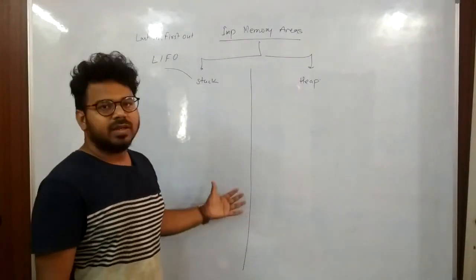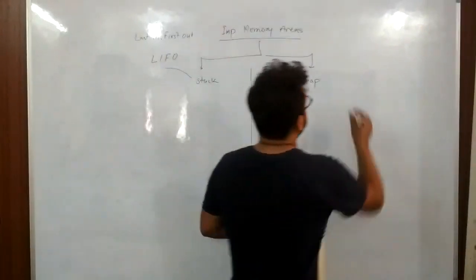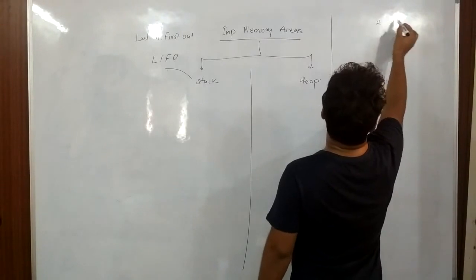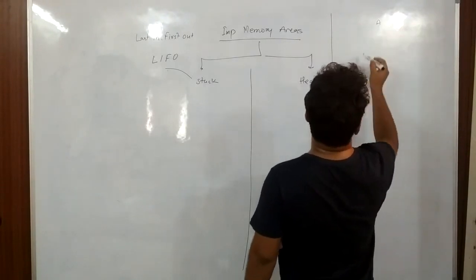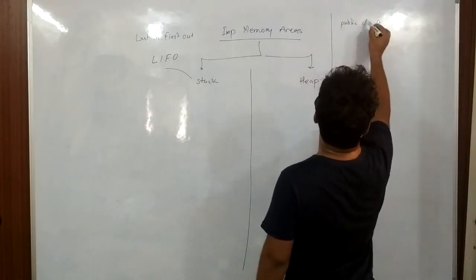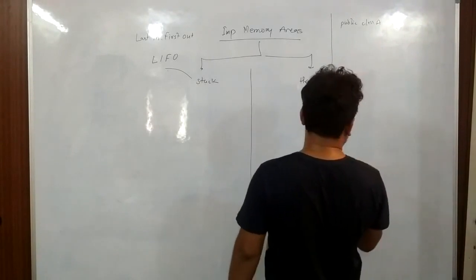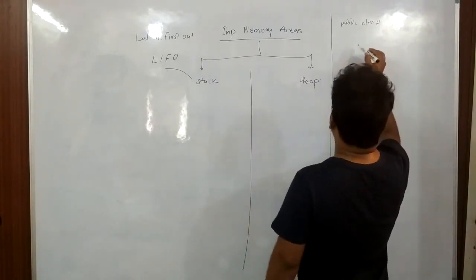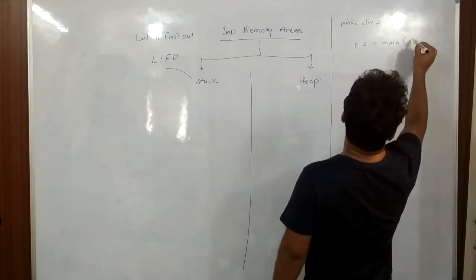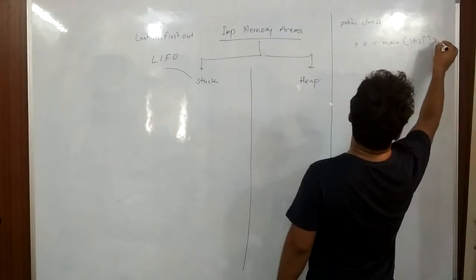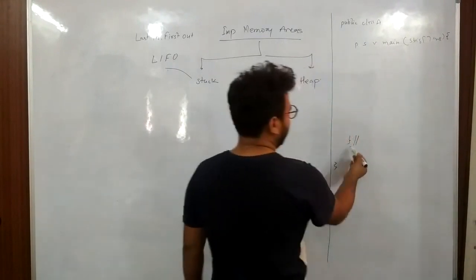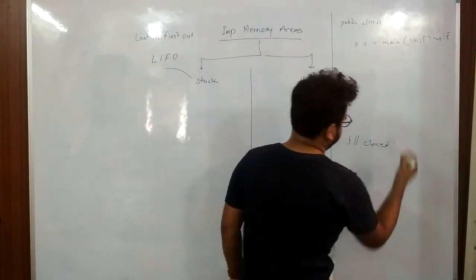So let us understand in detail about this. Suppose we have a Java application, public class A, and inside it we are going to have a main method, that is public static void main(String[] x), with curly braces for the main method opened and closed here.